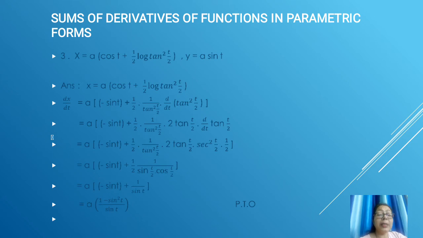Then for tan square t by 2 once more, we consider it as x square, which gives 2x, so 2 tan t by 2, and the derivative of tan t by 2 once more is sec square t by 2, and t by 2 once more means half will come out.